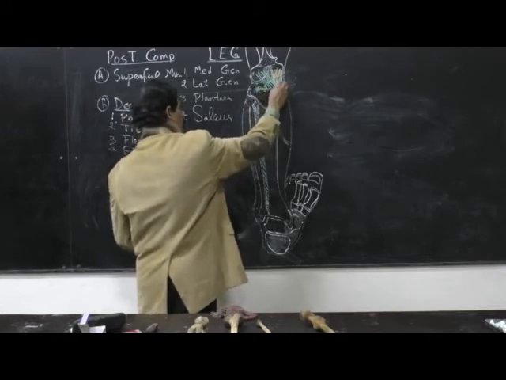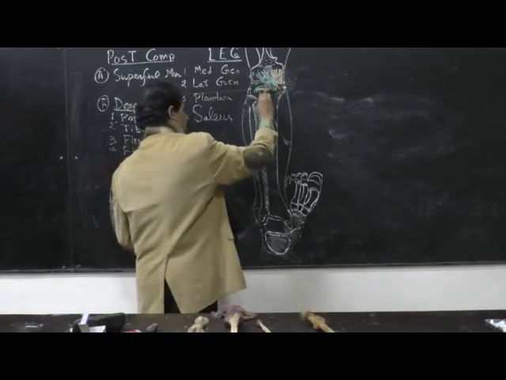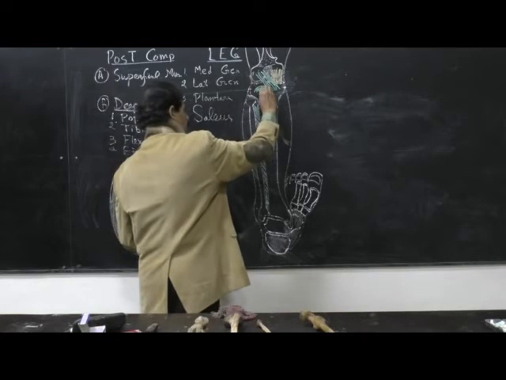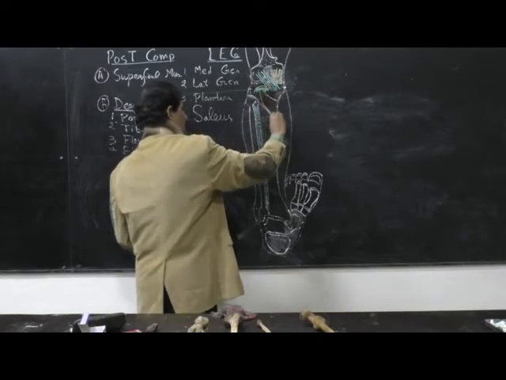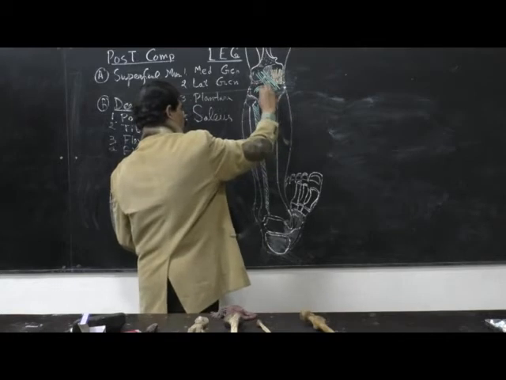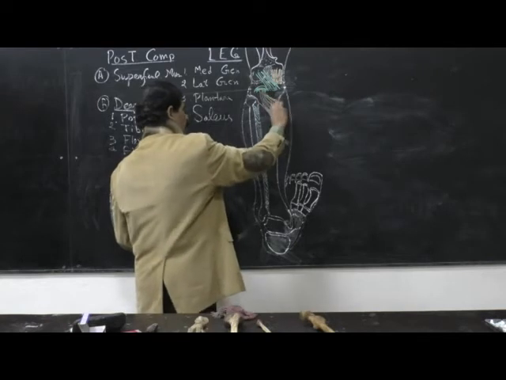So below this arcuate popliteal ligament, the popliteus muscle becomes extracapsular and it is inserted over the area of the soleal line. So this is the popliteus muscle we have already done in the knee joint, everything about the popliteus.